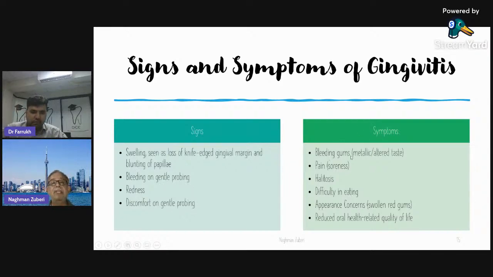Symptoms will be bleeding, patient will be complaining of metallic or altered taste, pain, halitosis, difficulty in eating, appearance of the gum. They will be appearing swollen red, reduced oral health related quality of life.